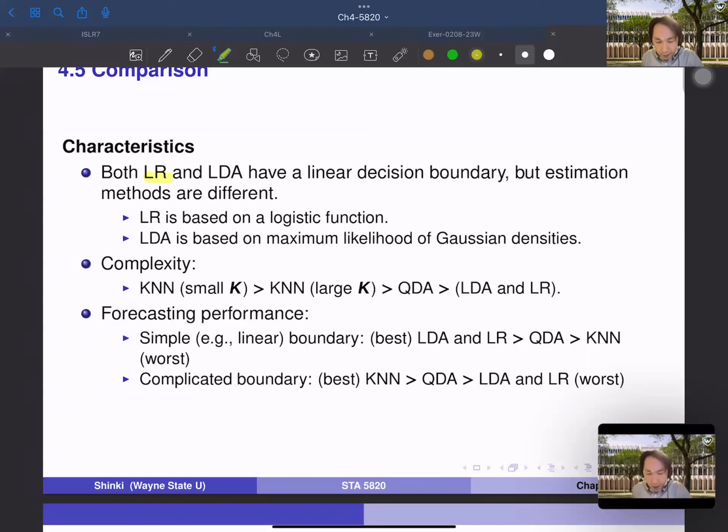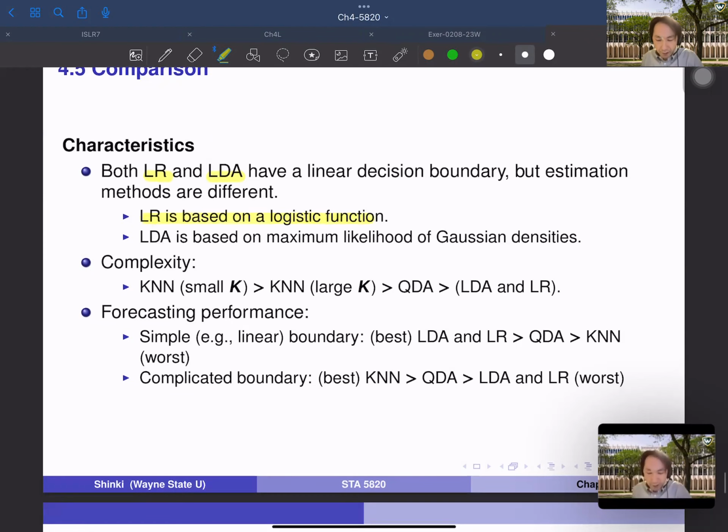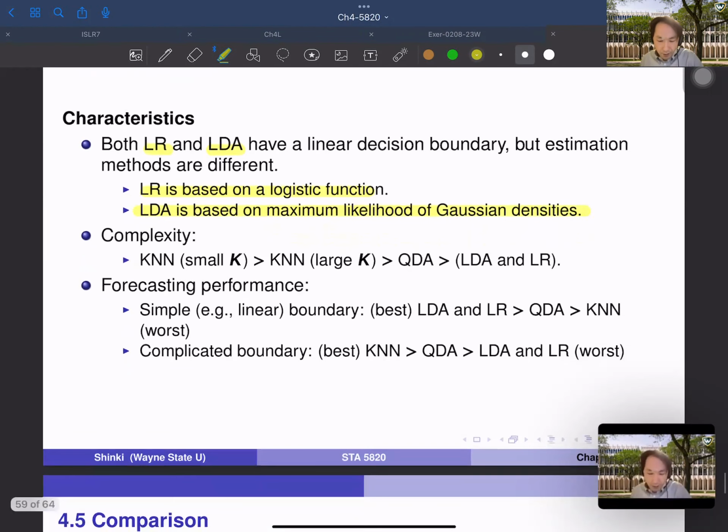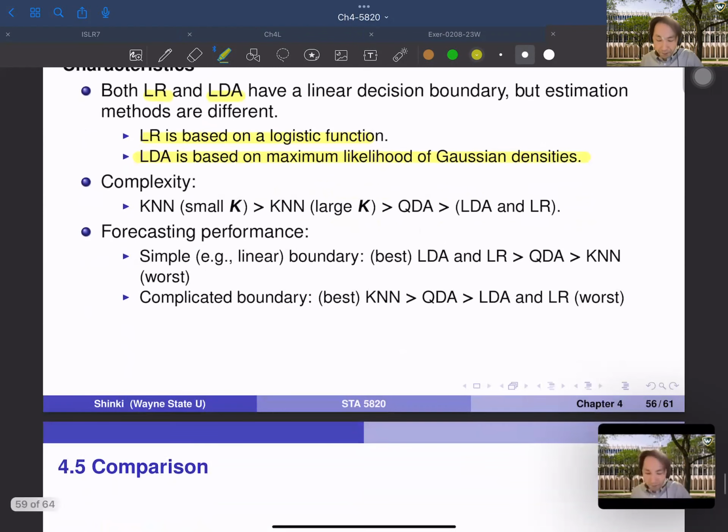Both logistic regression and LDA have a linear decision boundary, so basically these two models give similar results. But slightly different conditions: logistic regression is based on the logistic model, and LDA is based on the maximum likelihood of Gaussian densities.